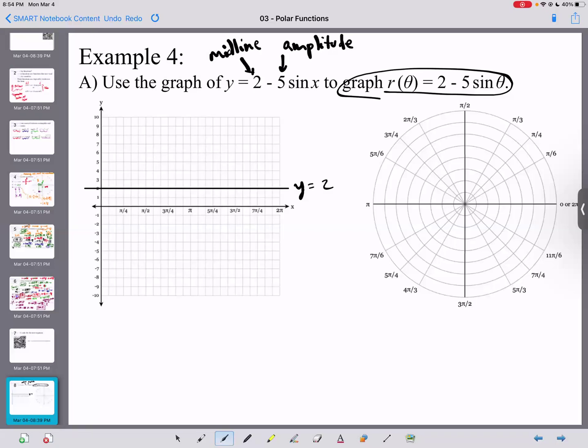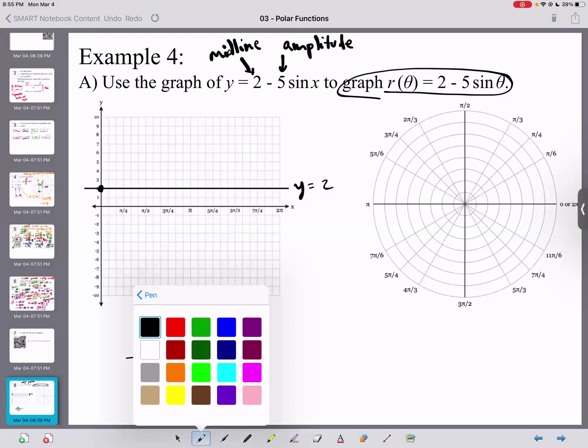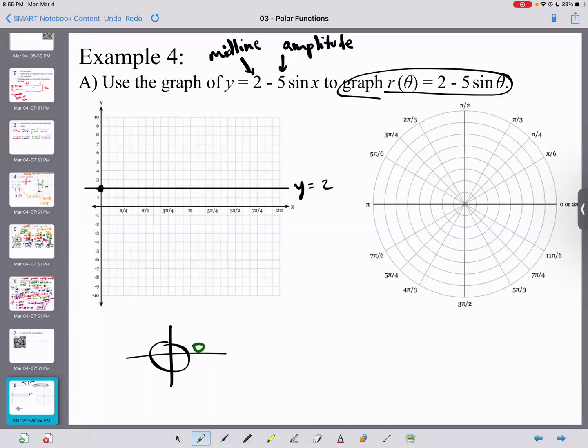And so sine's going to start at its midline, and sine reaches its maximum normally. If you just wanted to fill this in really quick, we go 0. Sine reaches its maximum at pi over 2. Then at pi, it's back to 0, and 3 pi over 2 is its minimum.